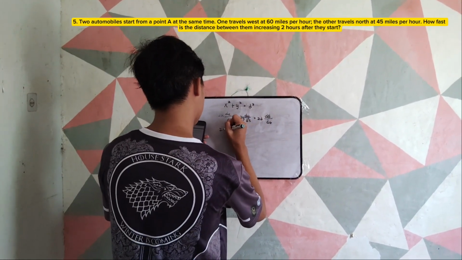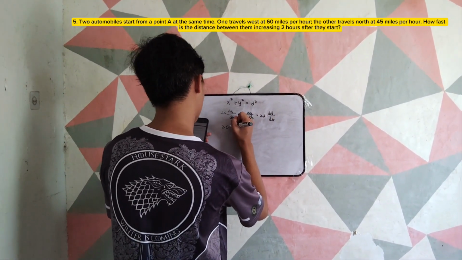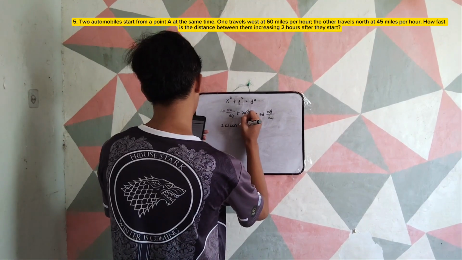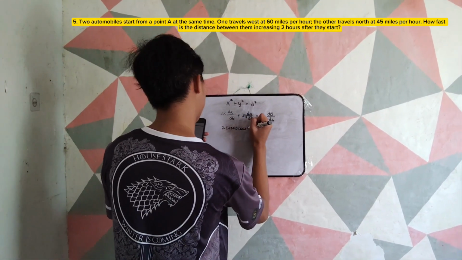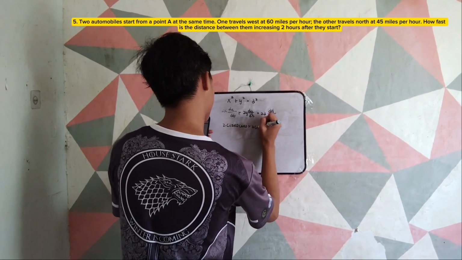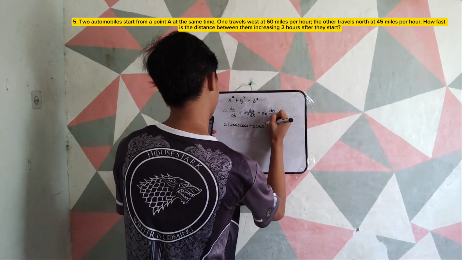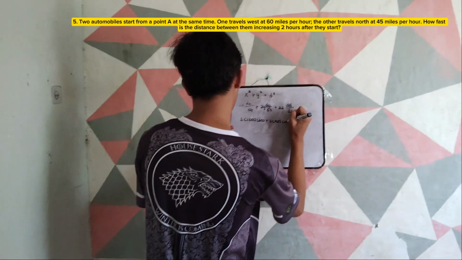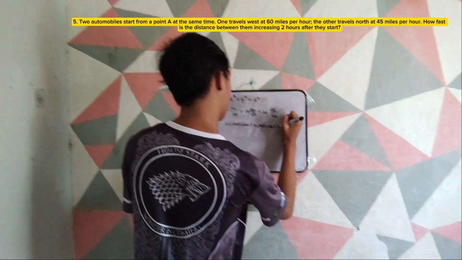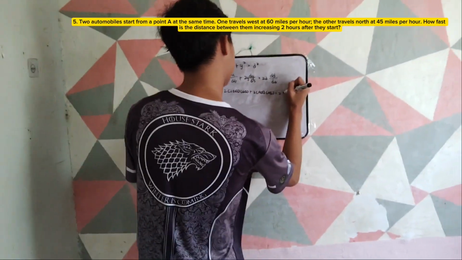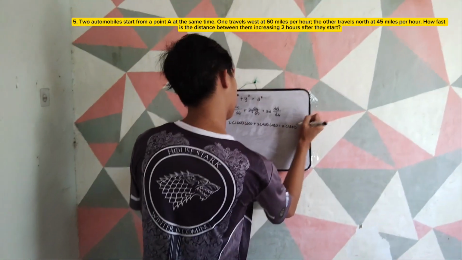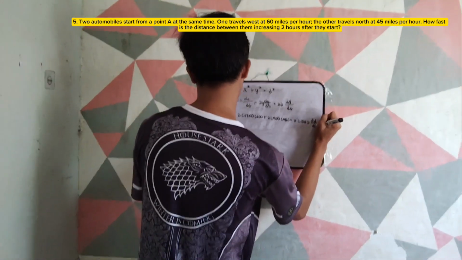So we substitute the values: 2x is 120, and dx over dt is 60, plus 2y is 90, and dy over dt is 45, and 2d is 150, and dd over dt.